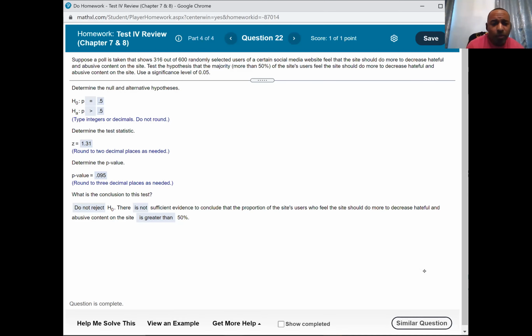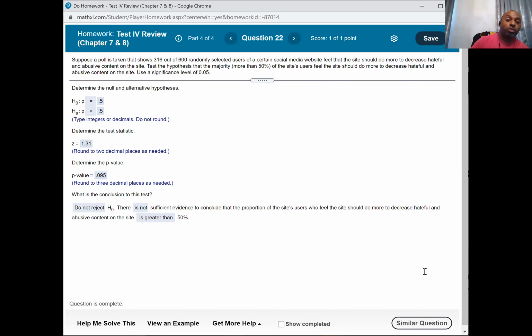Okay, so our null hypothesis was that 50% of the site's users feel that the site should do more to decrease hateful and abusive content.